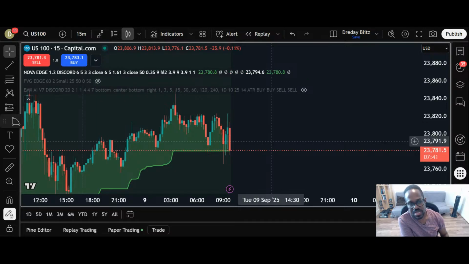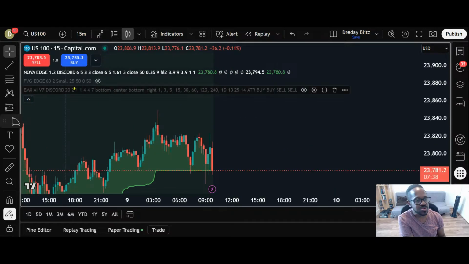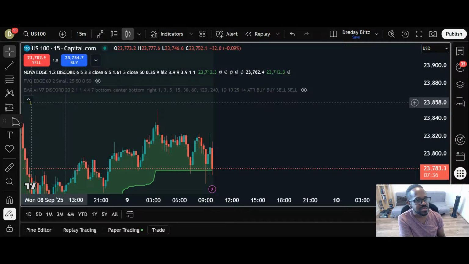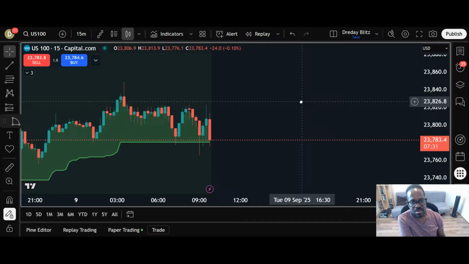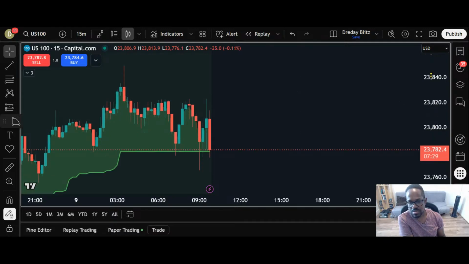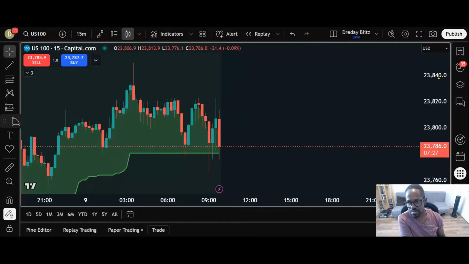So you see it live, how it's going to react, and what you should be seeing on the live market. I'm just going to zoom in, guys, on Nasdaq specifically.